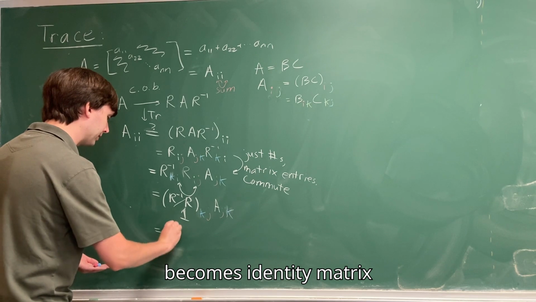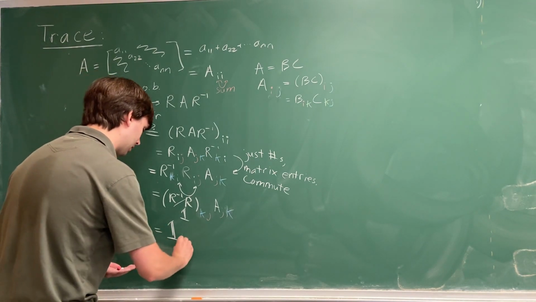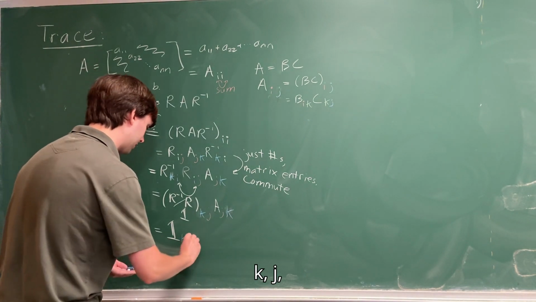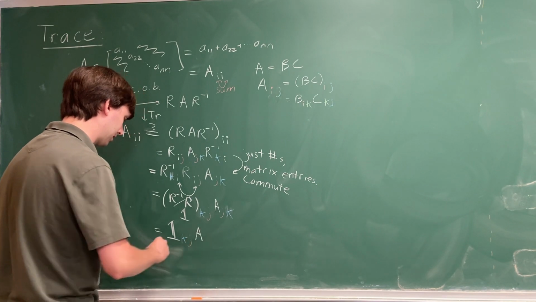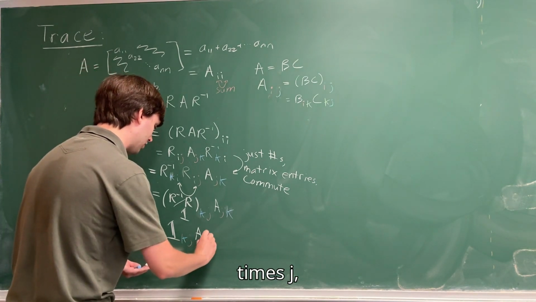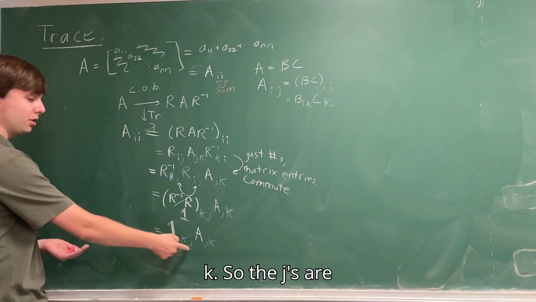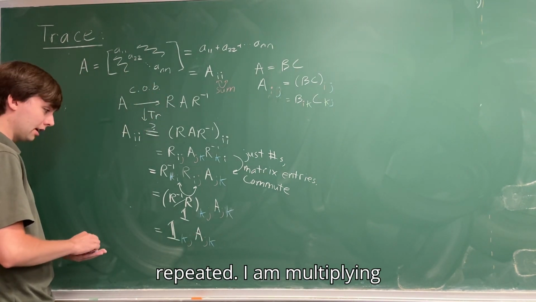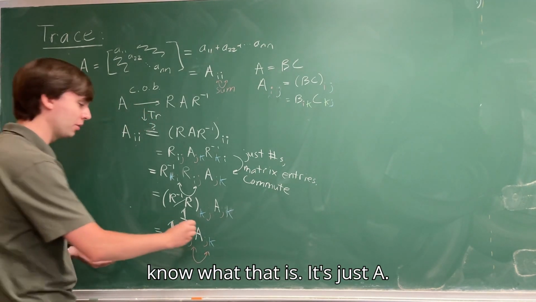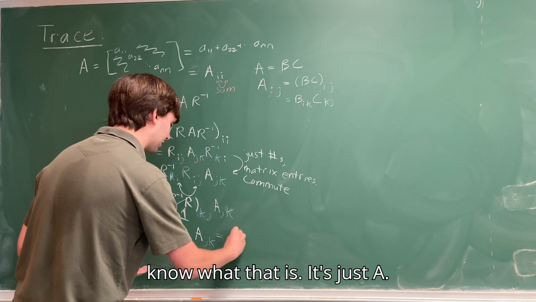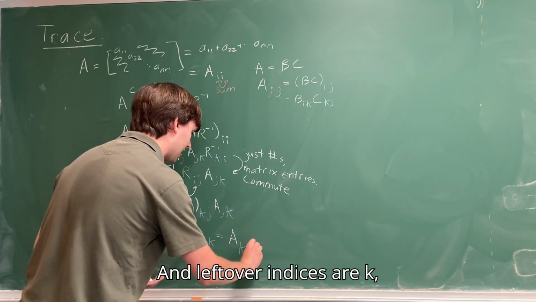So this becomes identity matrix K J times original A J K. So the J's are repeated. I am multiplying A times the identity matrix, and we all know what that is. It's just A. And the leftover indices are K, K.